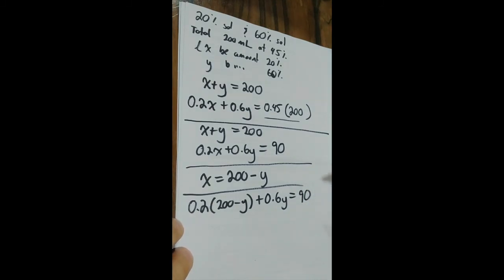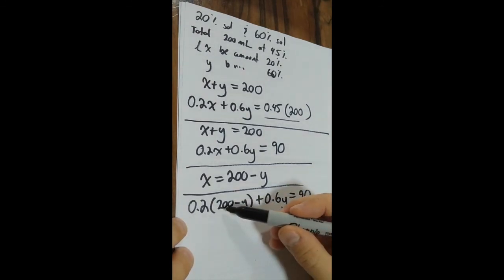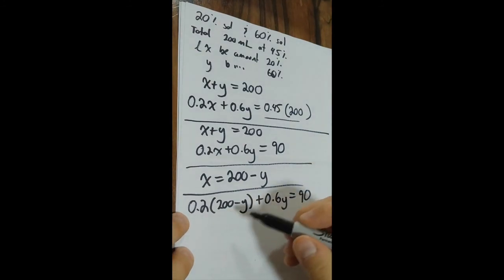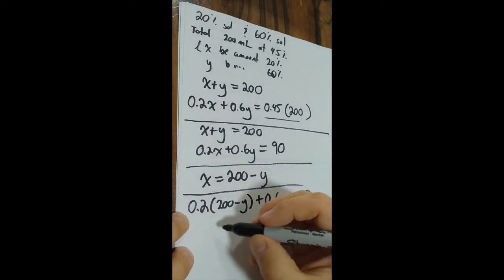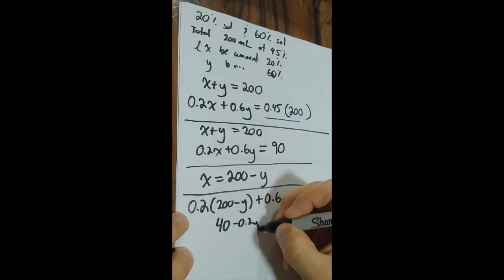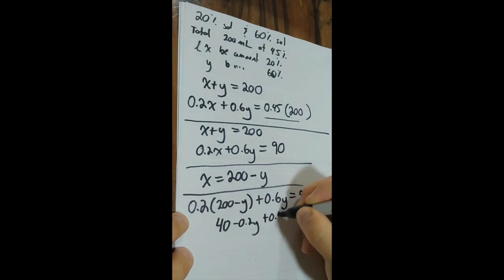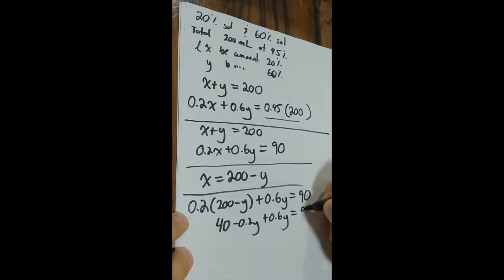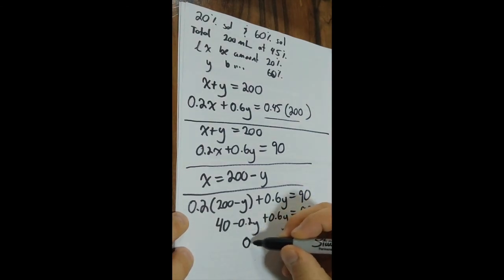Now let's expand. 0.2 times 200 is 40, minus 0.2Y plus 0.6Y equals 90. We can combine the like terms, so we have 0.4Y equals, subtracting 40, 50.